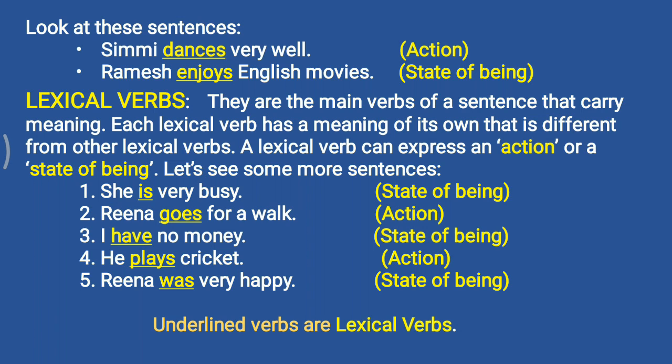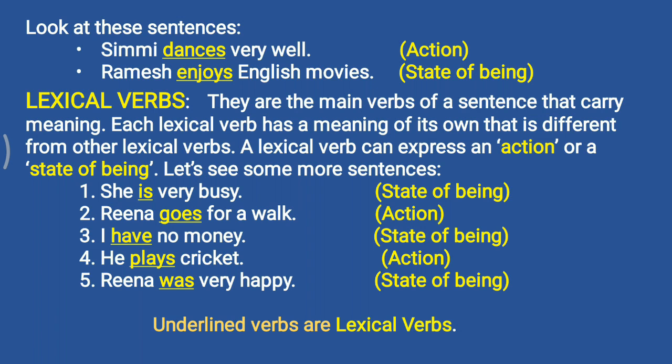Let's see some more sentences. She is very busy. Here is is underlined and it shows state of being. So, it is the lexical verb. Reena goes for a walk. Here goes shows an action, so it is a lexical verb. I have no money. Here have is underlined and it shows state of being.